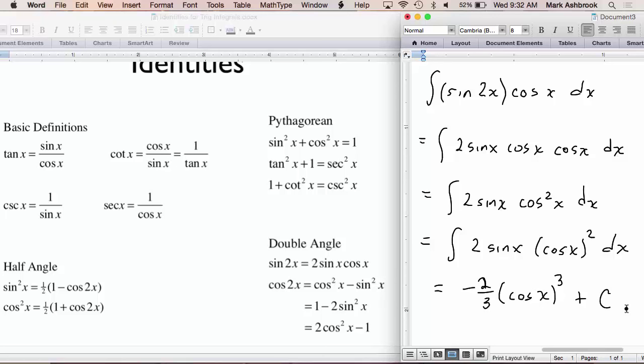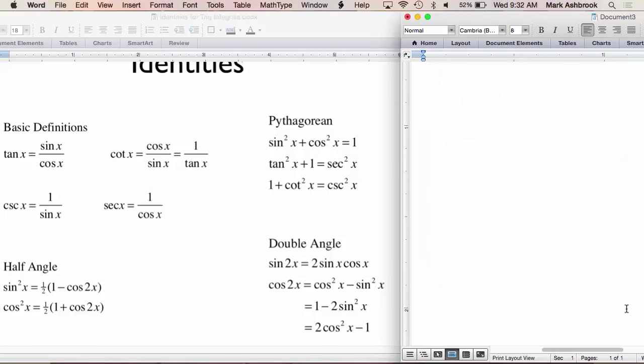Okay, something a little more involved. So general forms like this. You'll see these problems.